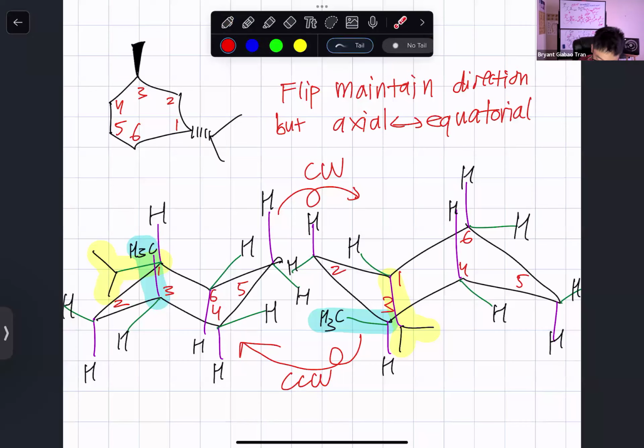My iPad is like so slow right now. If we look at carbon 3, we see an up methyl group, which in this conformer is axial because that's the bond that's going up. And in the other chair conformer, it's equatorial because that's the bond that's going up. So we maintain the up direction. We just switch axial to equatorial or equatorial to axial. So that's how you do the flips.